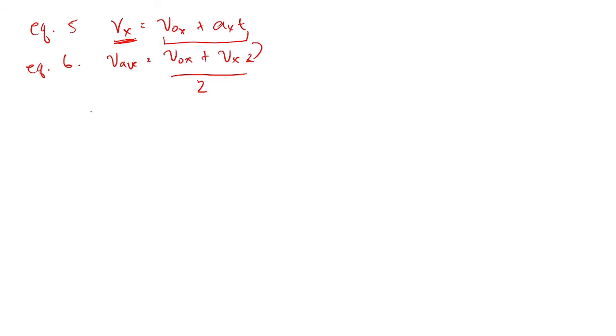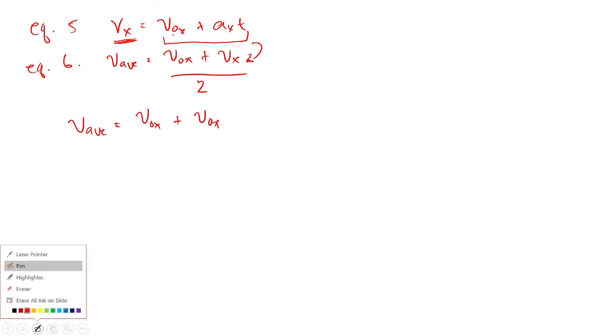Let's just substitute the value of our Vx here in our equation 5, which is this one, to the Vx here in equation 6. So, magkakaroon tayo dito ng ang ating average velocity will be equal to our V naught x or our initial velocity plus this V naught x. So, para hindi tayo malito, sulat natin siya in a way na alam nyo kung saan galing.